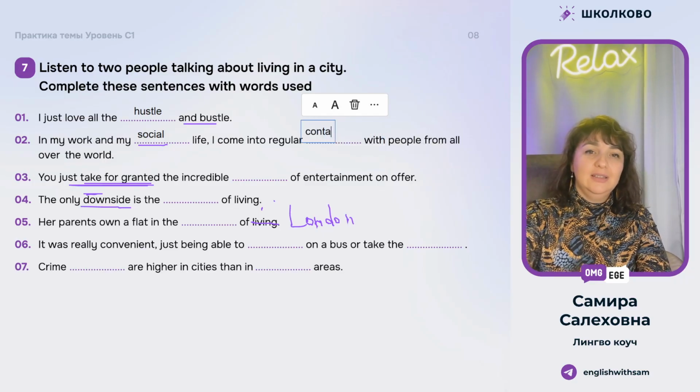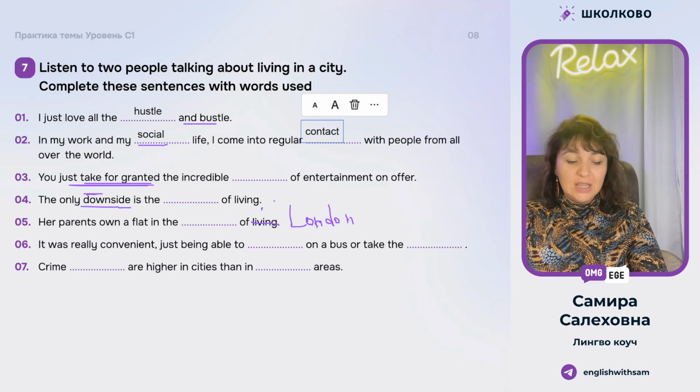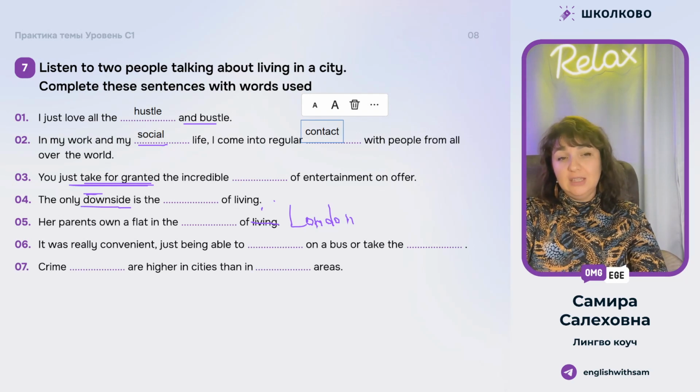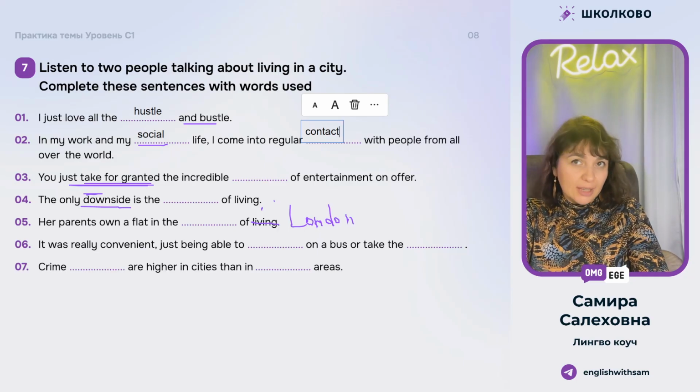Yay, that's right, contact. So, you just take for granted. Ребяточки, правда, если не знаете это выражение, обязательно себе запишите, потому что оно даже может проверяться в задании 30-36. Воспринимать все как должное, не ценить что-то.